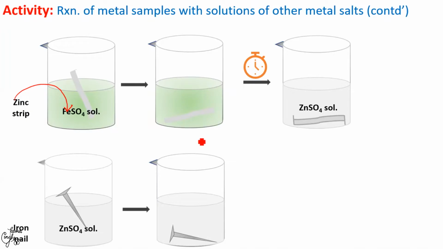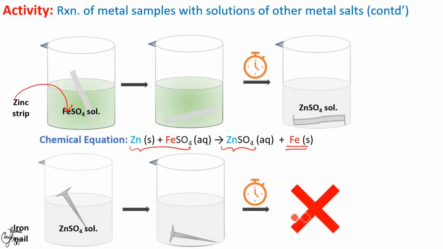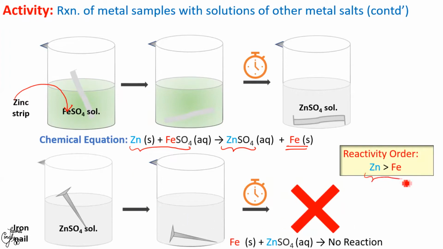The corresponding equation for the above reaction can be written as zinc plus FeSO4 give rise to colorless zinc sulfate plus iron metal, whereas no change or reaction is witnessed in setup 2, which proves that zinc is more reactive than iron and therefore should be placed higher in the reactivity order as compared to iron.